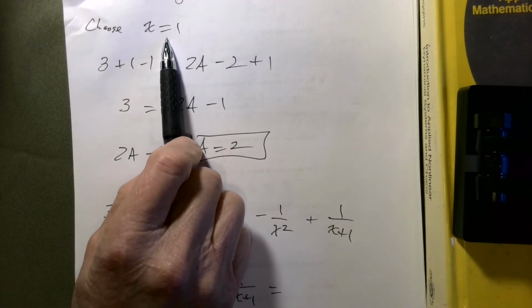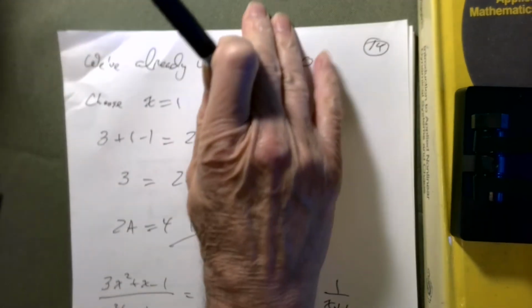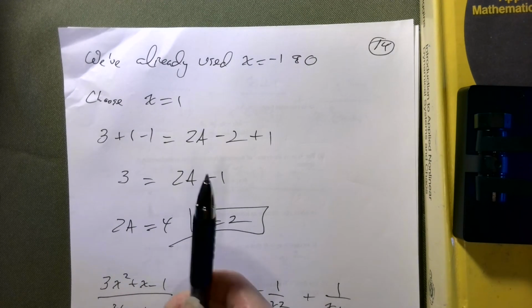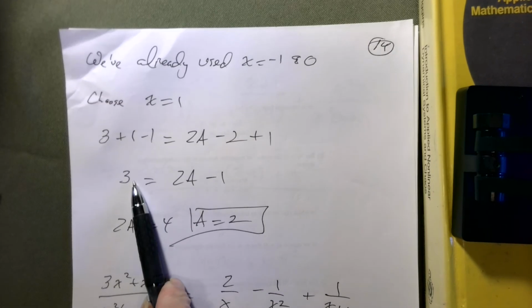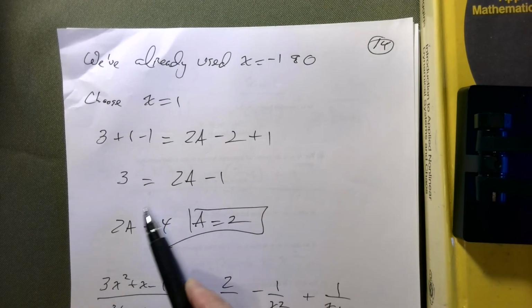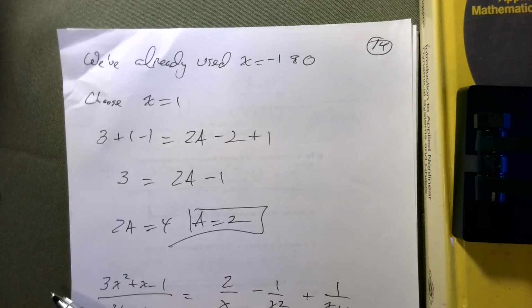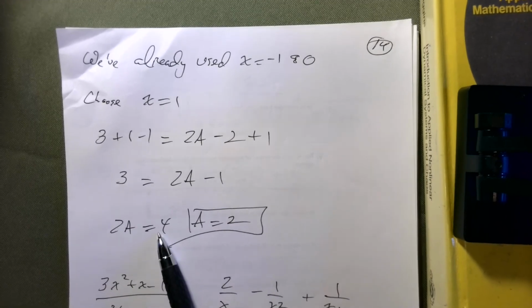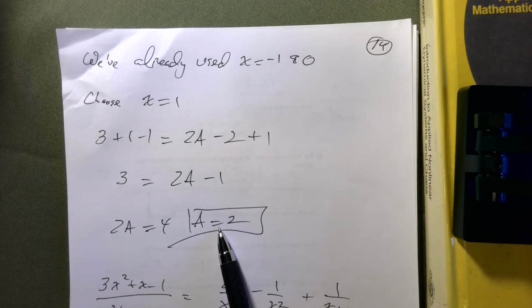So if I choose x to be 1, I just substitute it into everything. And I get 3 on this side, and 1 minus 2 is negative 1. Add 2, so that adds up to, we get 2a equals 4, so a equals 2.